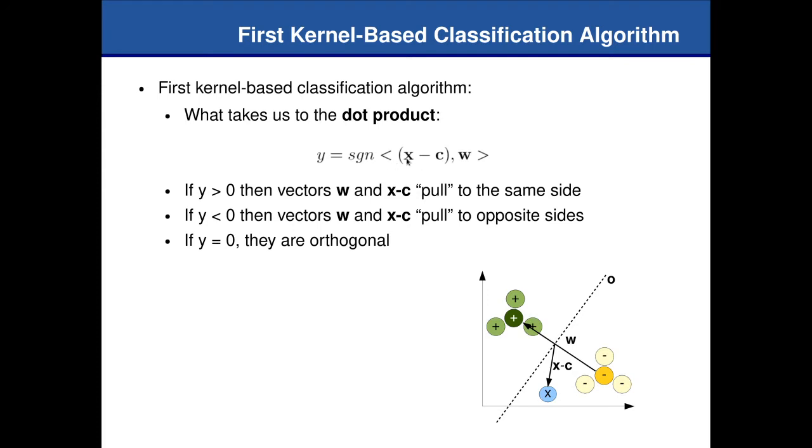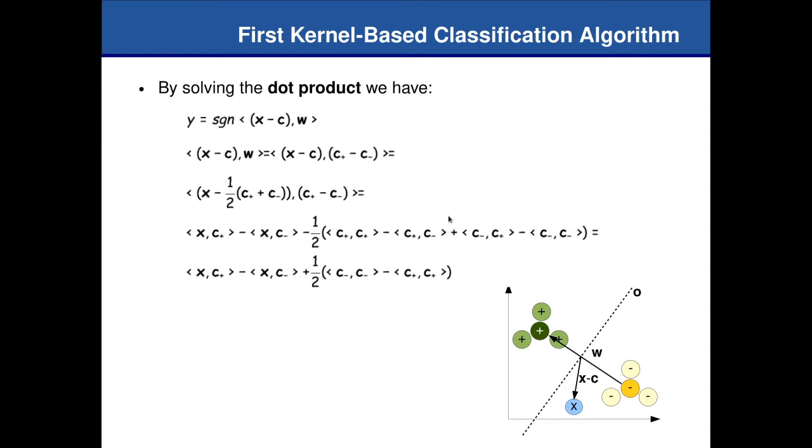How can I compute that? It's just x minus c, as you can see here, this vector, dot product or inner product with w, which is in here. How can I solve this problem? It's not difficult, as you might notice over here. I have x minus c inner product with w. So the inner product of x minus c with w will be exactly, by the distributive property, the same as x minus c.